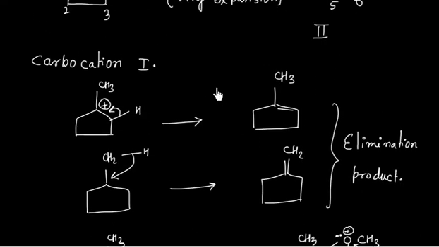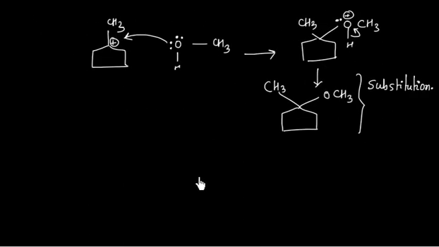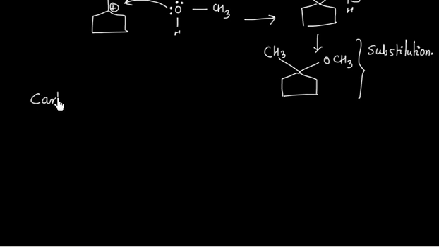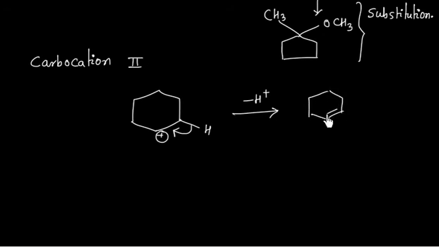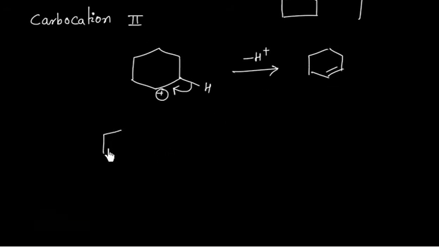Now let us consider carbocation 2, that is this one. Once again, this carbocation can do elimination or it can do substitution. So if it loses one H plus, it will form an alkene. And if this carbocation is attacked by a solvent molecule, solvent can act as a nucleophile.